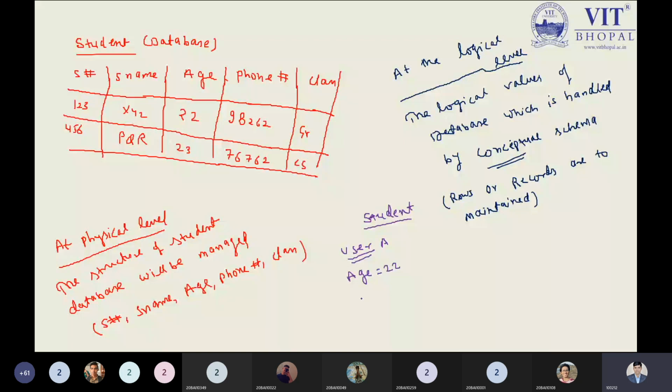So user A will get some details: student number 123, student name XYZ, student age 22, student phone number 98262, and his class. The students who belong to age 22, I am getting from the student database. Suddenly another user comes, who needs to see the details of the students.